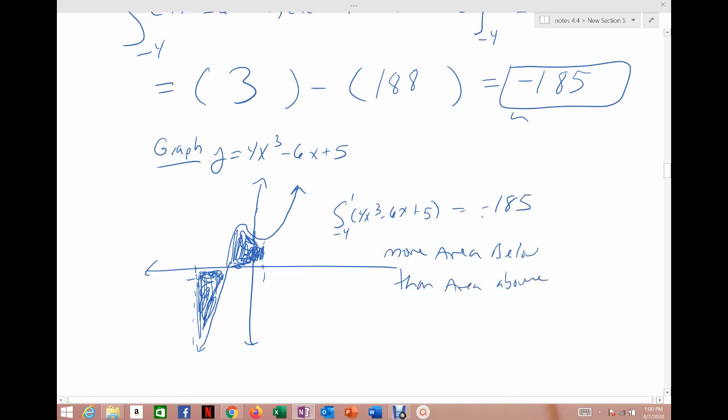There's exactly 185 units more area below, when I take the difference, because it's area above minus area below equals -185. So when I take the area below and subtract it from the area above, I'm left with -185. So there's that much more area down here than there is up there.